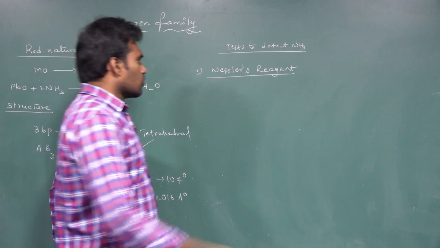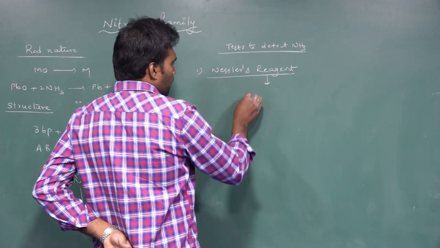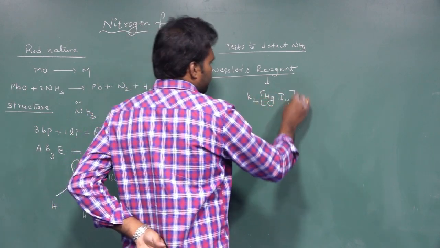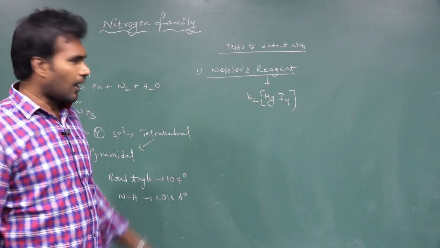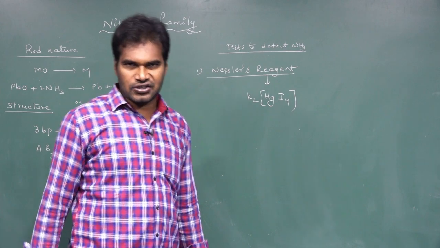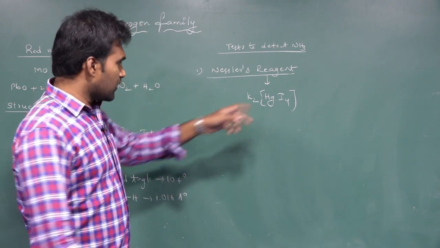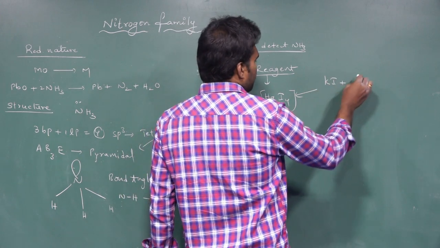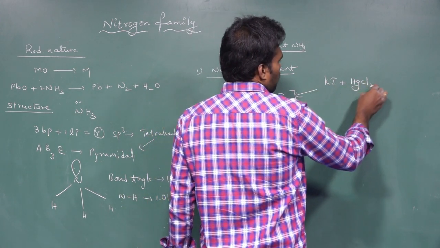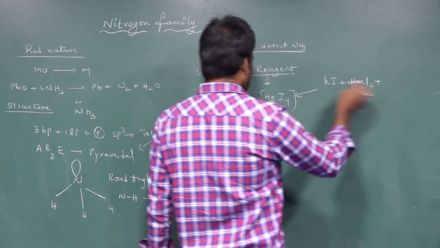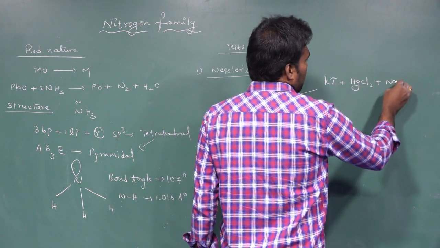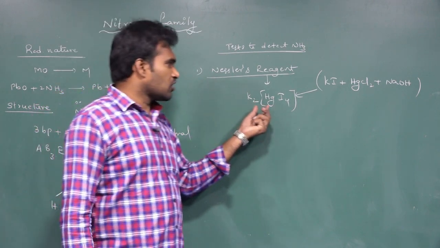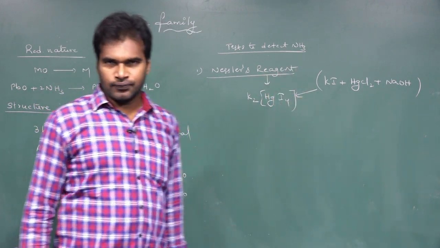Nessler's reagent is nothing but potassium mercuric iodide. We can prepare this Nessler's reagent by mixing KI, HgCl2 and NaOH. By mixing these three, we get potassium mercuric iodide.